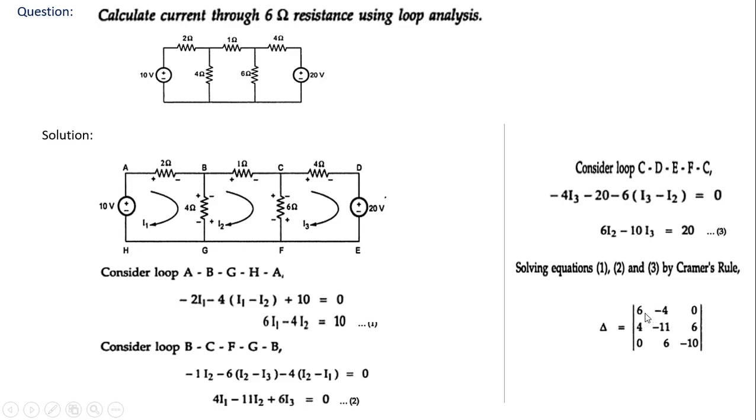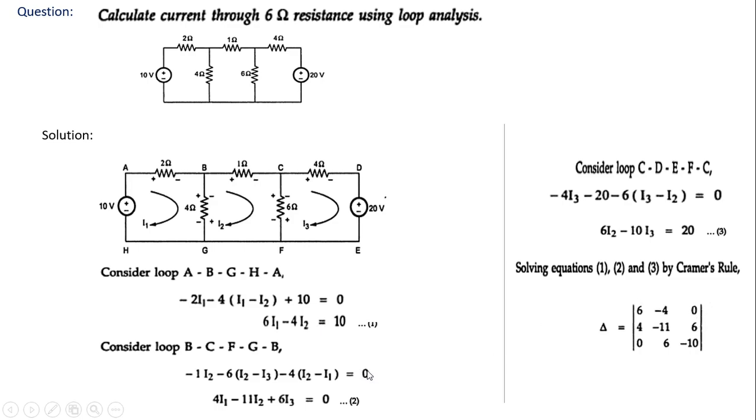In the first row 6, minus 4, 0, all are indicating the values given in equation 1. For the I1 current, the 6 ohm resistor; for the I2 current, the 4 ohm resistor, that is plus 6, minus 4; and then the I3 value is 0.